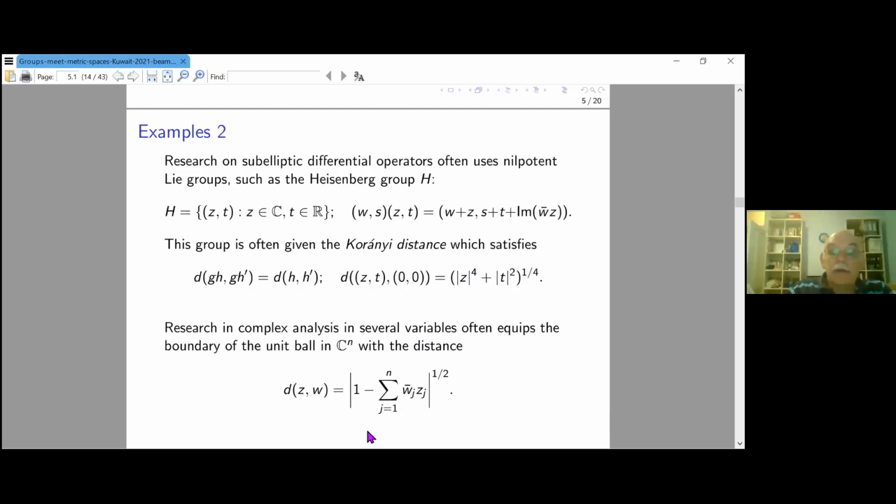And similarly, there's a sub-Riemannian distance here. So the sub-Riemannian world is a nice world, but it's very technical. Right. And if you can make things a little simpler by having simpler formulas to work with, then that's also a nice thing.